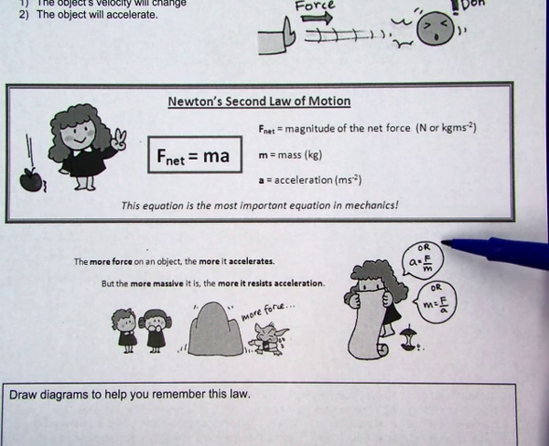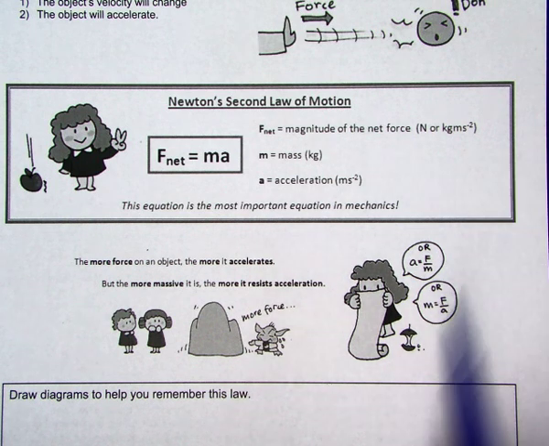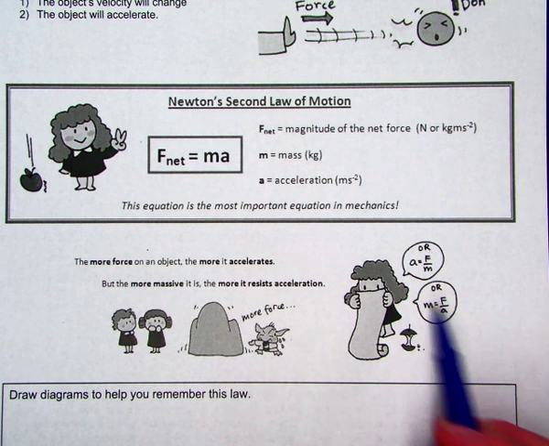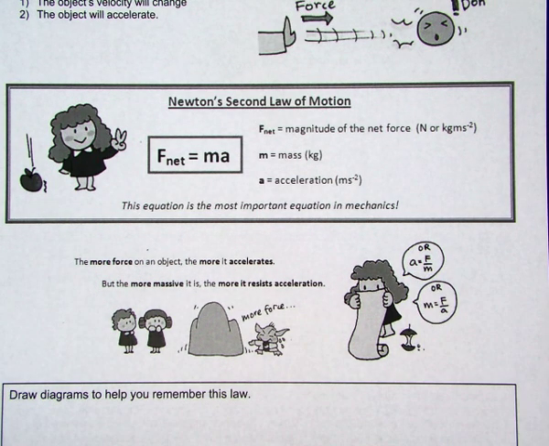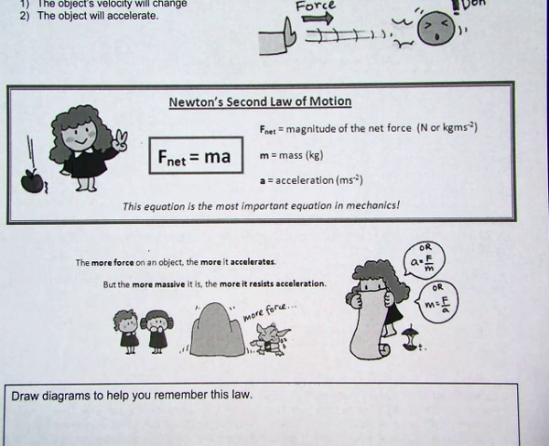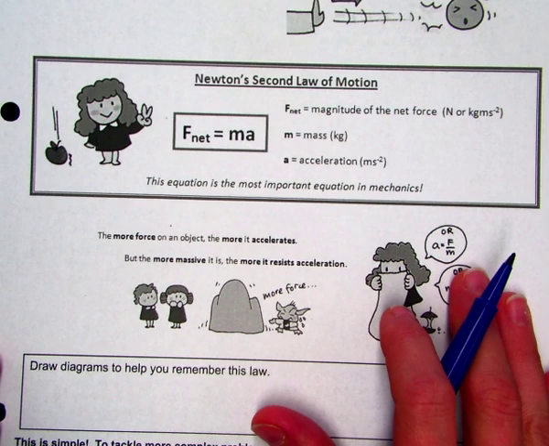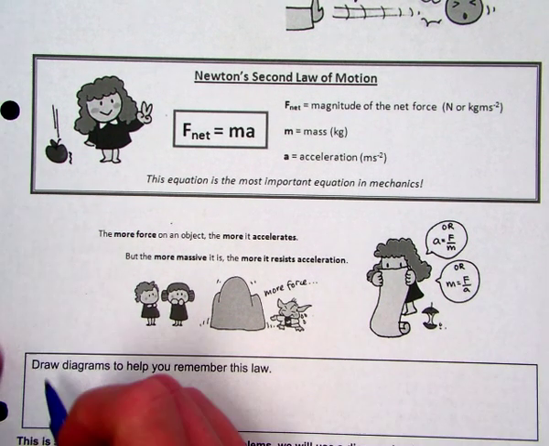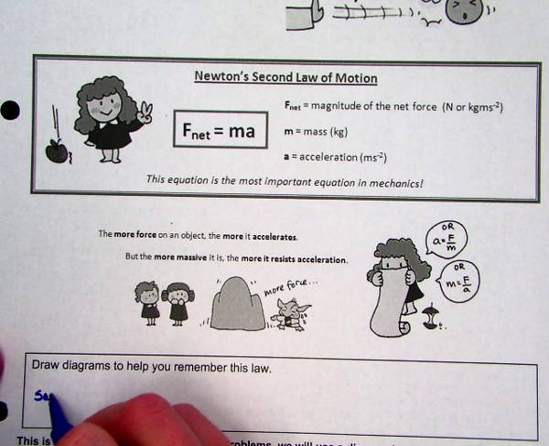So we have these two ideas. Mass is force divided by acceleration. Acceleration is force divided by mass. And I want to draw a couple pictures just to give you guys an idea. So let's say we have the same mass.